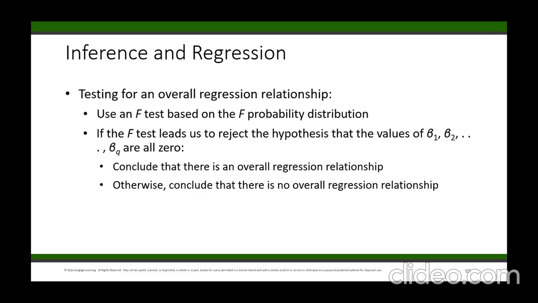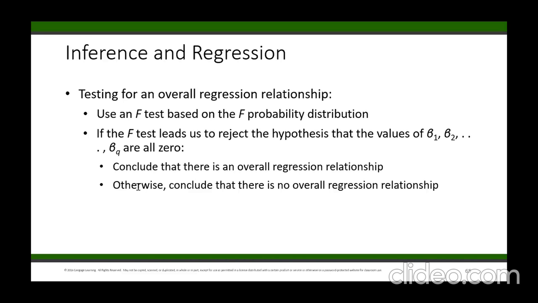Here, we want to see if Y is explained by the overall regression model. Or in other words, we want to see if R squared is significant. We want to see if the dependent variable is explained using our regression model, right?